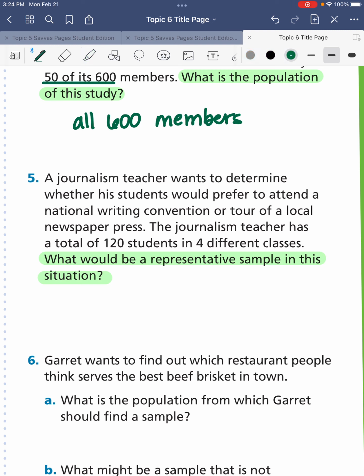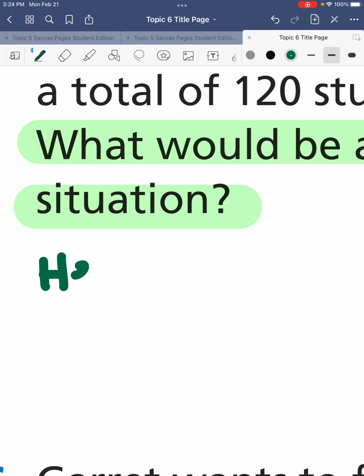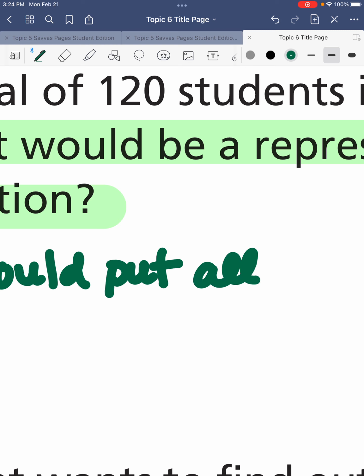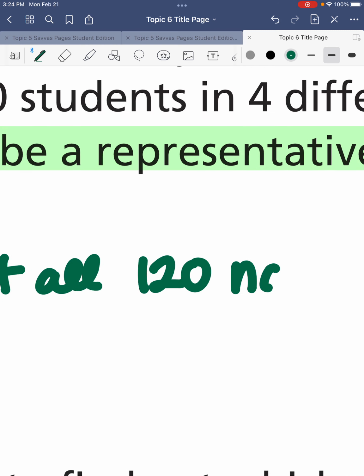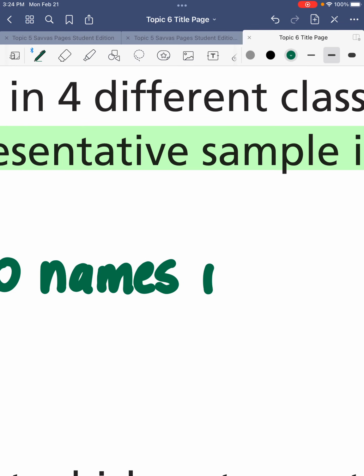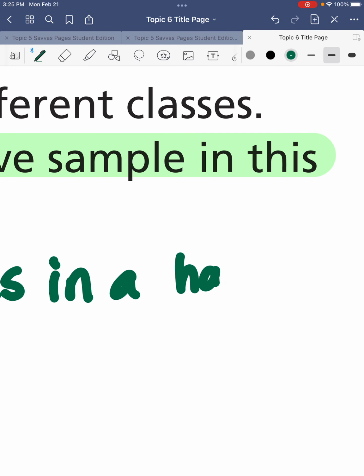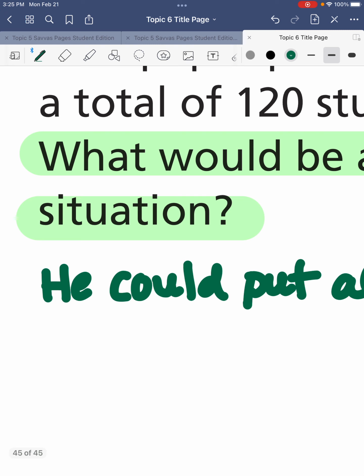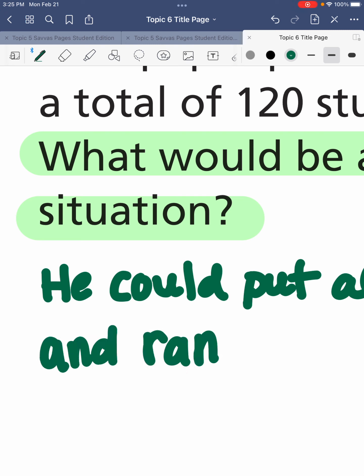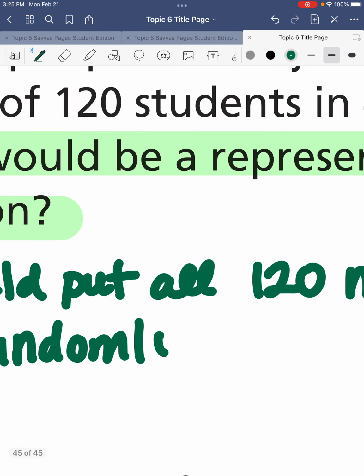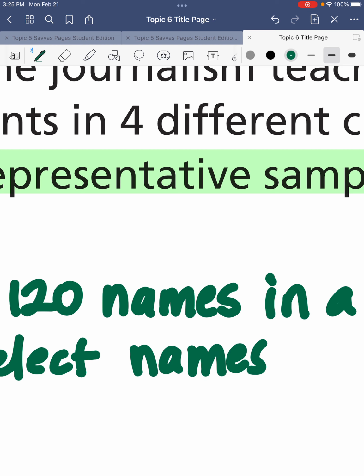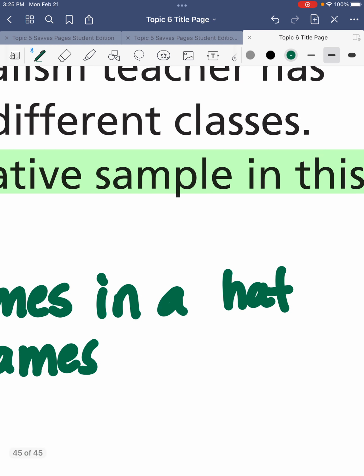So what I'm going to write here just for my answer key, I'm going to say the teacher could put all the names in a hat and randomly select names to create a random sample.